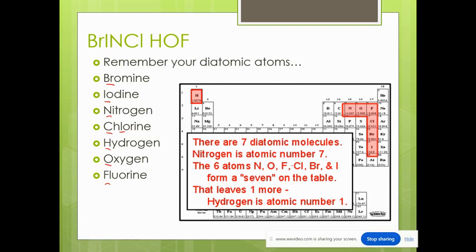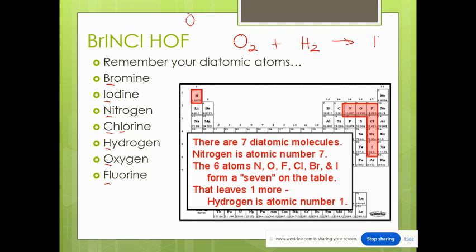What that means is these are diatomic atoms. So when you have them in their pure form, you're always going to write them with a subscript 2 down here. Okay. So when you have oxygen by itself, you don't just write O, you write O2. And then whatever else it's reacting with. So maybe some hydrogen.